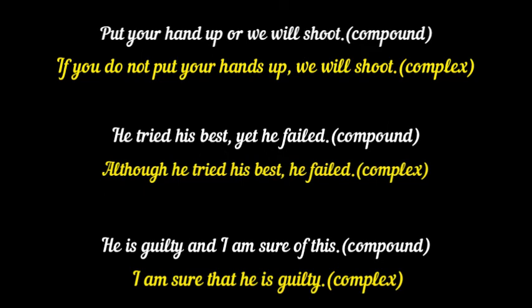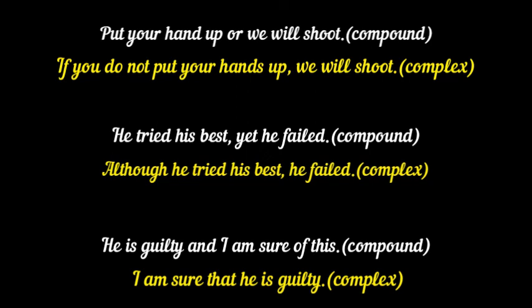In the second example, the first coordinate clause of the compound sentence is he tried his best. Now this coordinate clause is converted into the subordinate clause although he tried his best, introduced by the subordinating conjunction although in place of the coordinating conjunction yet to make it a complex sentence.